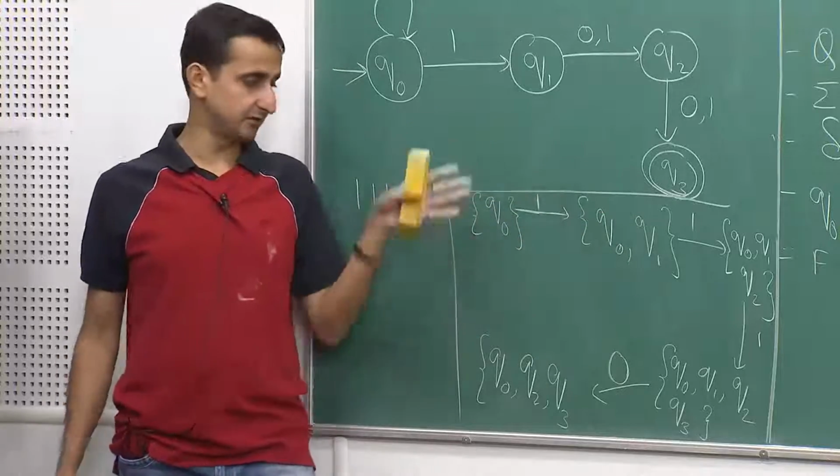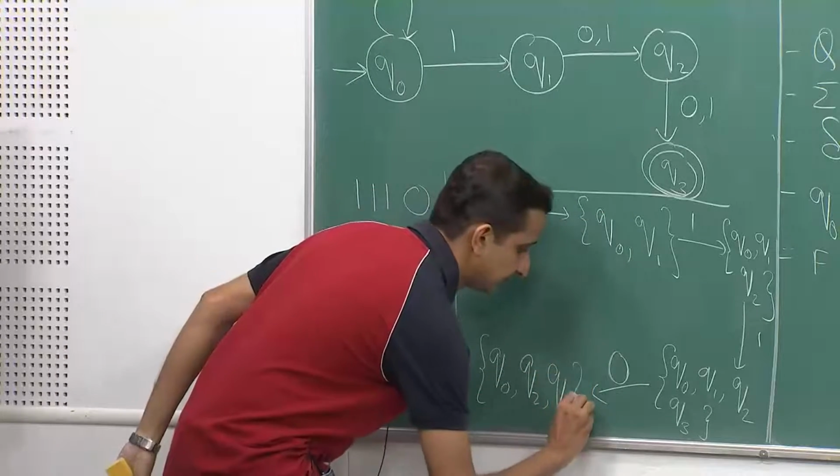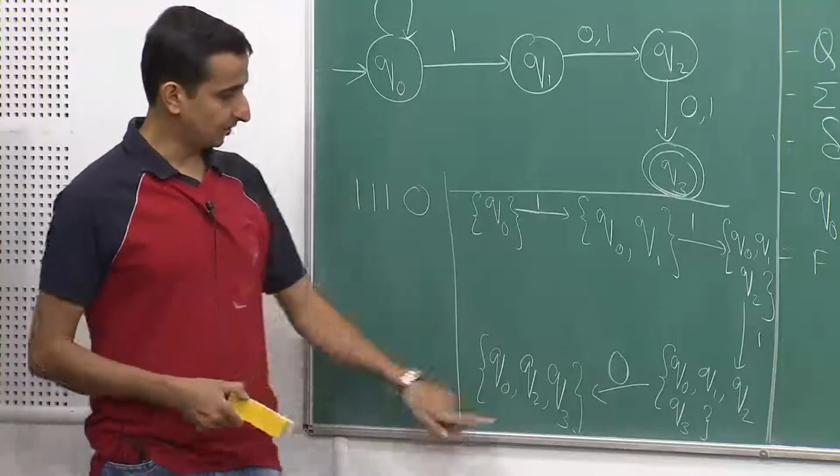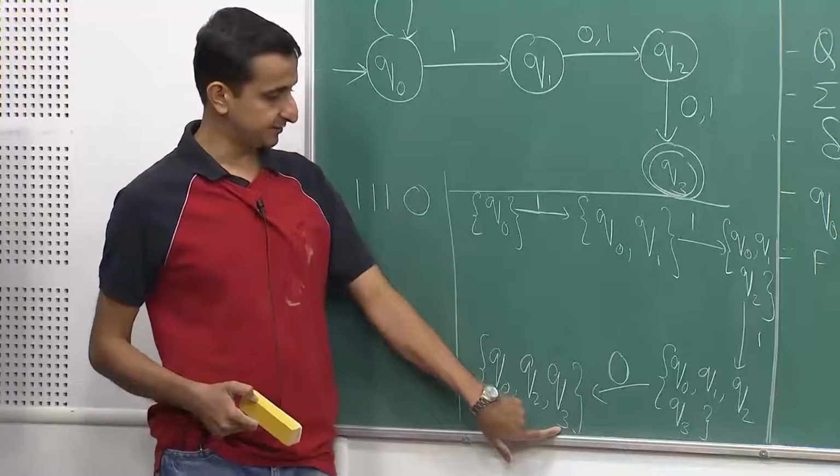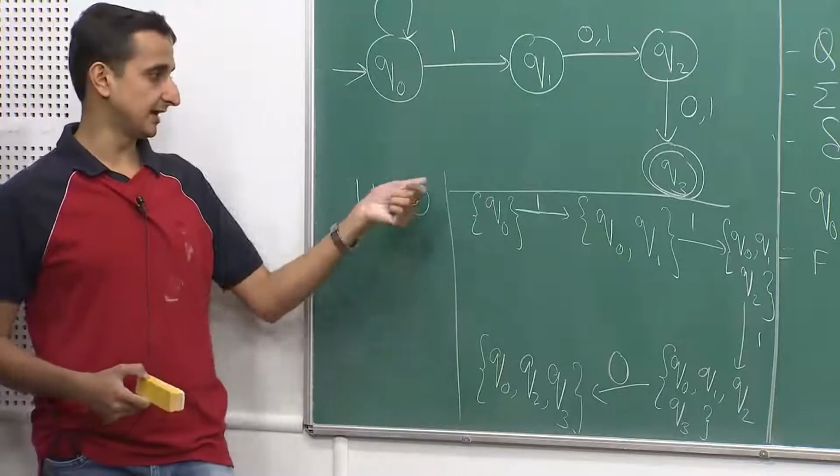So, that computation also dies out. This is the final set of states, and because Q3 is one of the accept states in the final set, I accept the input.